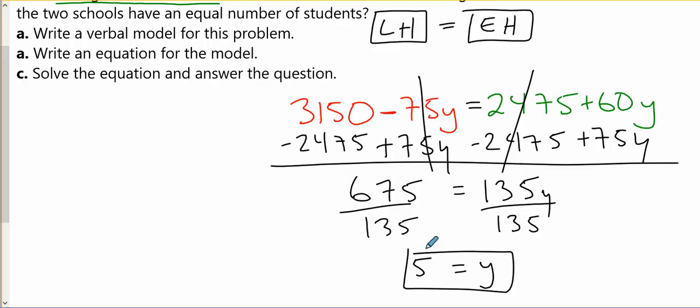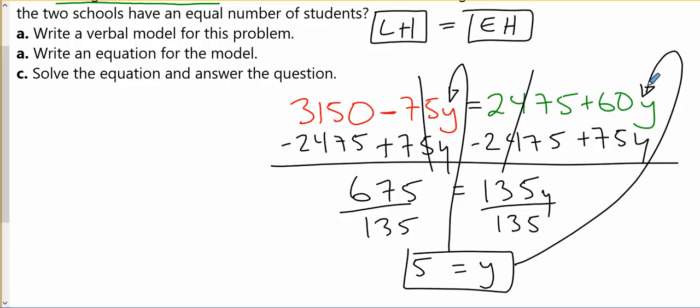So what could we do? We could check that. We could substitute a 5 either here, or we could substitute a 5 in there. So let's do it.